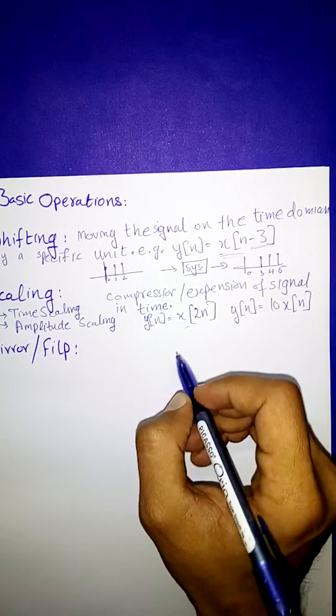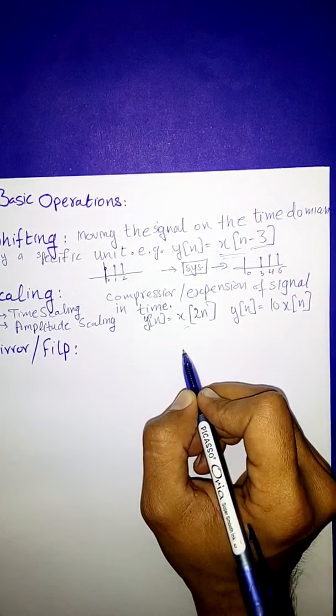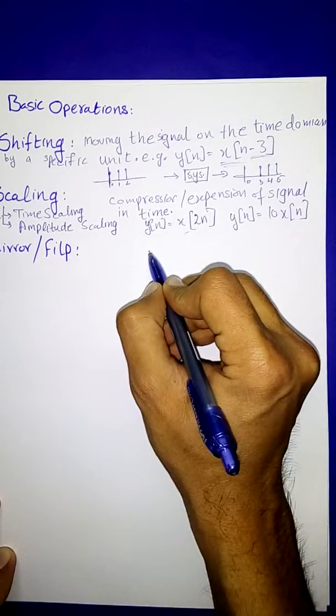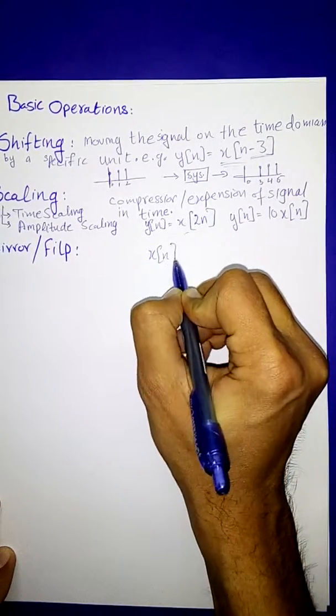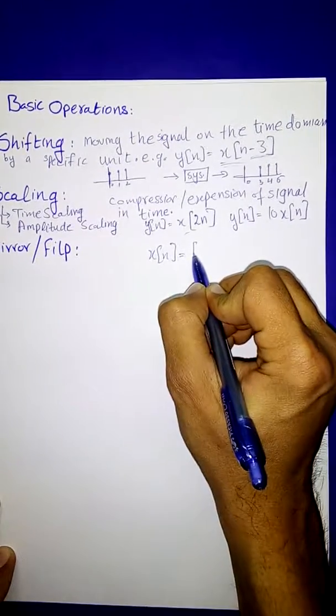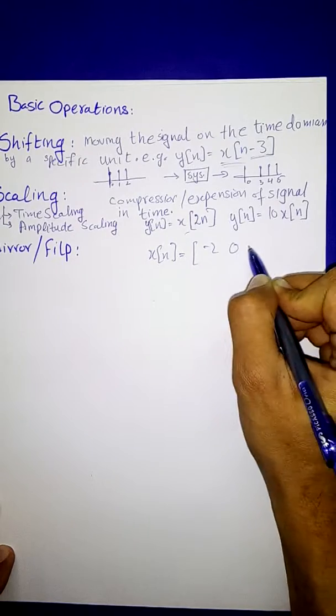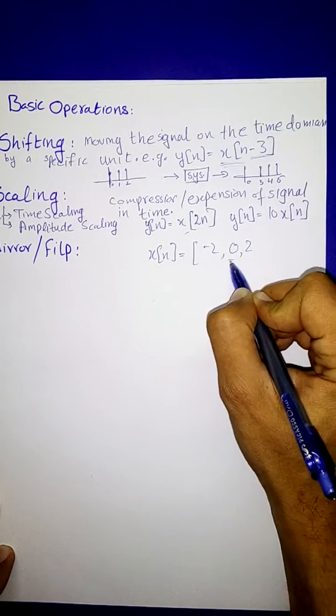For example, x of n is -2, 0, 2, and this is the 0th position.